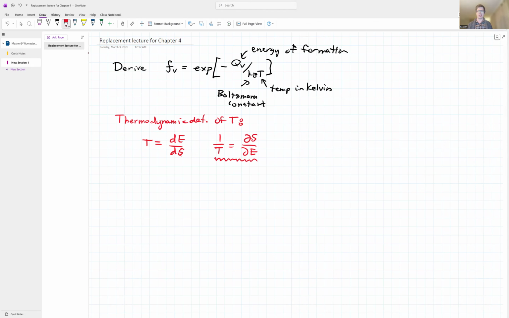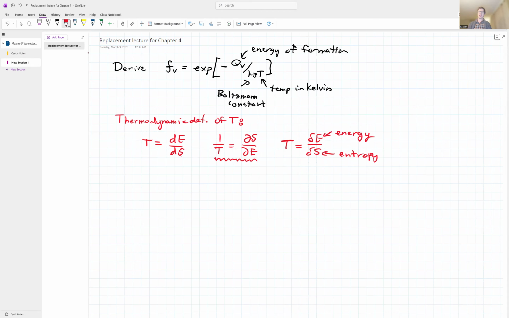And so we will just say that basically temperature tells you about relationships between small changes in energy versus small changes in entropy. So S is entropy and E is energy.